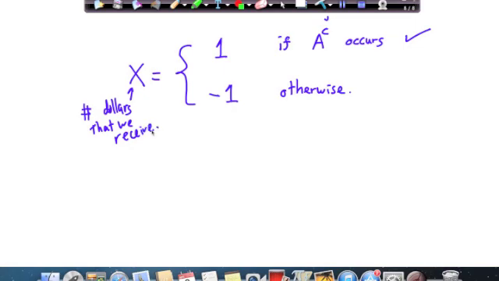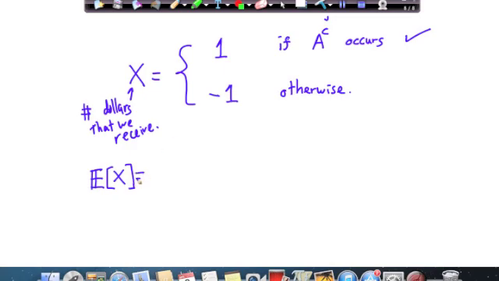In order to determine whether we will accept the bet or accept to play the game, let us first find out the expectation of this random variable X. So we want to know what is the average number of dollars that we'll receive from the game.